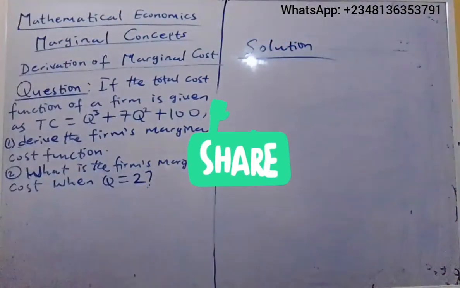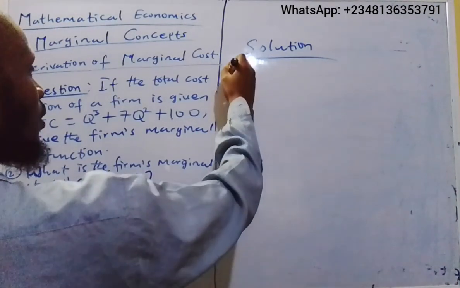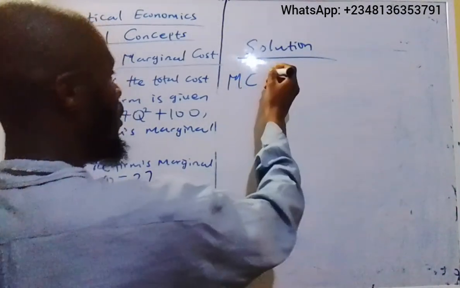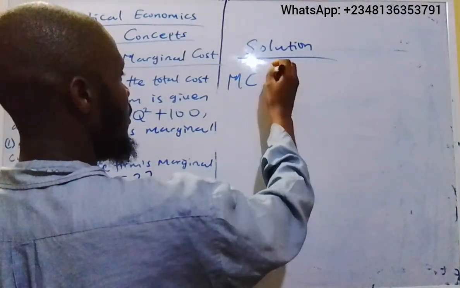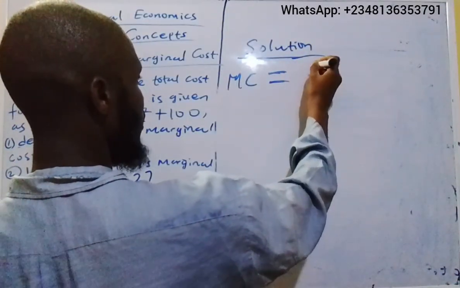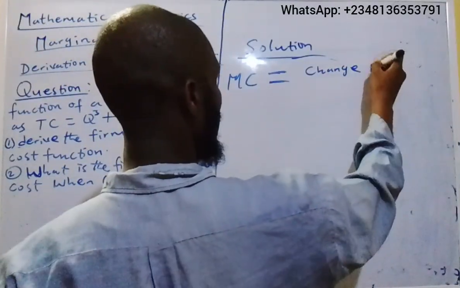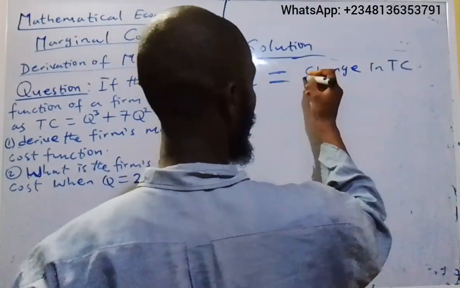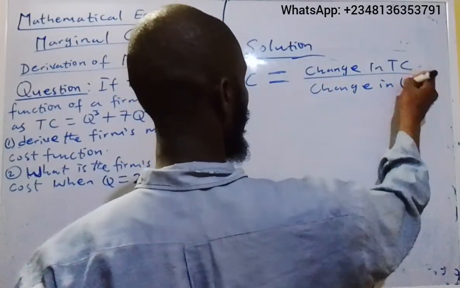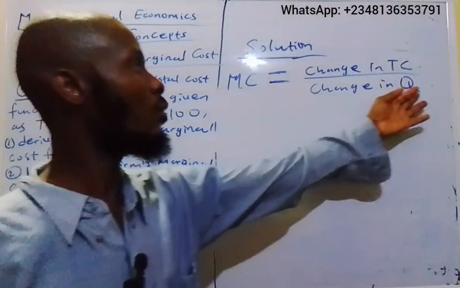The first question asks us to derive the firm's marginal cost function. Remember, the marginal cost is defined mathematically as the ratio of the change in total cost to the change in quantity produced at the unit of output.